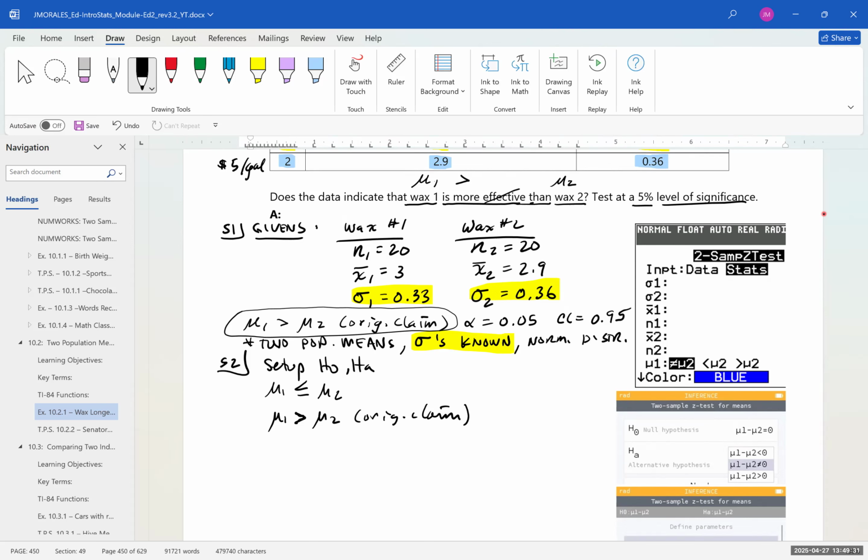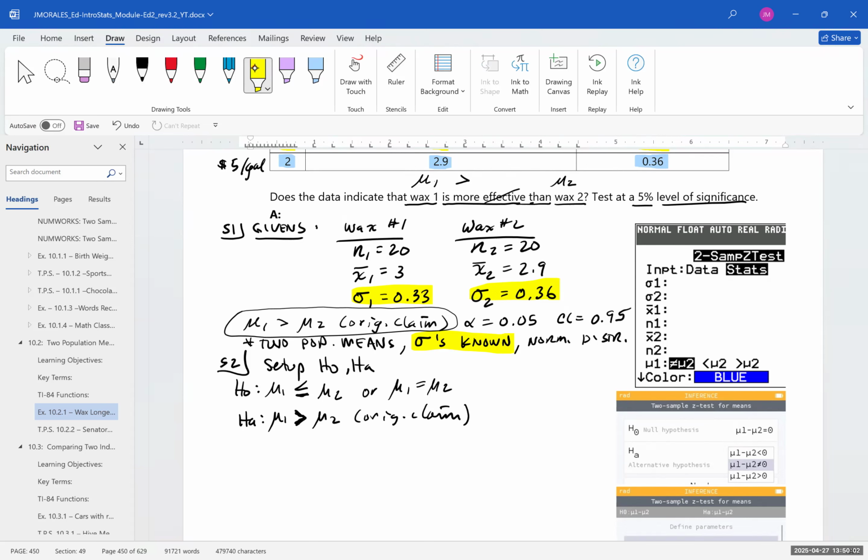It's going to be less than or equal to. Now, mind you, in other software or online questions, you might see it as mu1 equals mu2. Which is a little confusing, but you might see it that way. So just be forewarned. Now, because this statement has equality, that's our null hypothesis. This one does not, so that's our alternate.